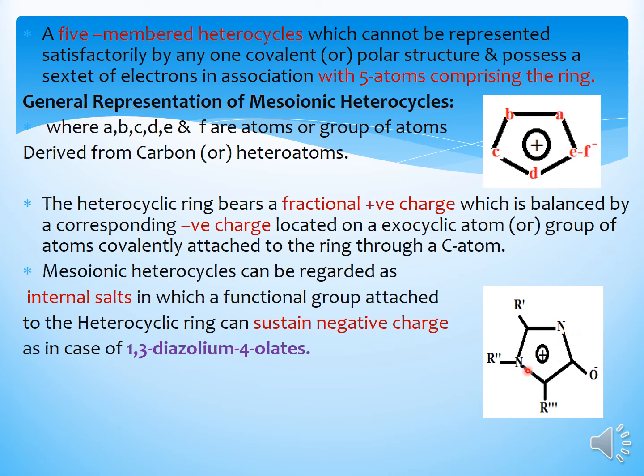So such compounds are known as the internal salts. Such compounds are the examples for the mesoionic heterocycles. For example, if you take 1,3-diazolium 4-olates, this is your best example for the internal salts. Okay, there is one more salt which is an external salt which I will tell you in the next slide.